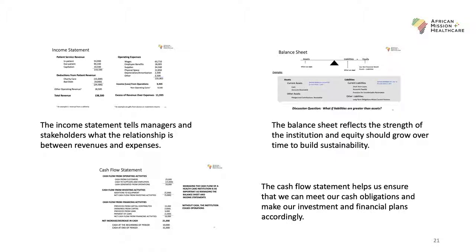So to summarize, the income statement tells managers and the stakeholders what's the relationship between revenues and expenses. Over a long period of time, revenues have to be greater than expenses, otherwise the institution can't ultimately survive.